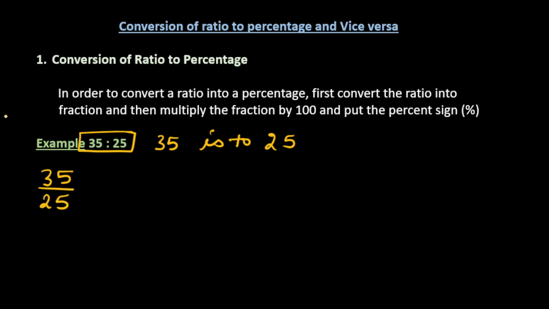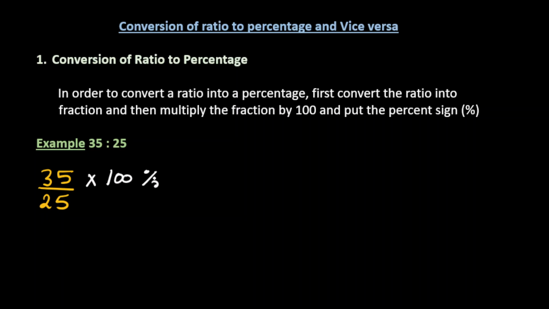Now the ratio we have converted to a fraction, and we have already learned how to convert fraction to percentage. So same process we will do. First thing is to convert the ratio into a fraction. Whenever we are converting into percentage, we are multiplying the fraction by 100 and putting the percent symbol.